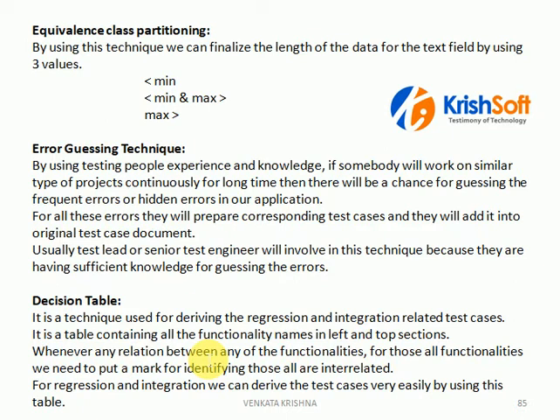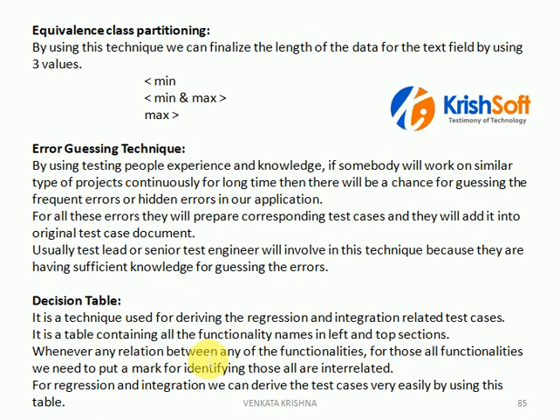The next technique in test case design techniques, the third one, is the error guessing technique. Who will guess the errors? People who already have some knowledge and past experience can guess the errors.